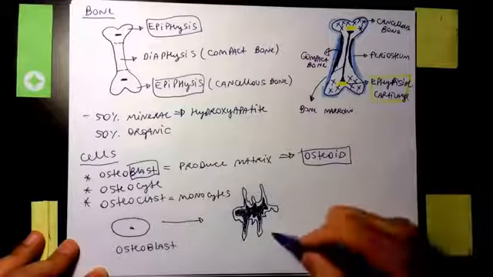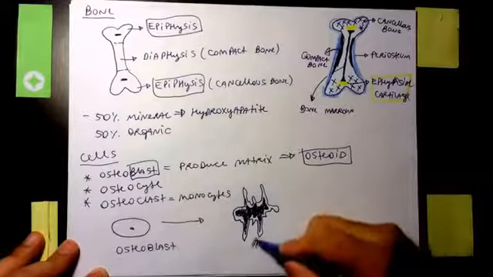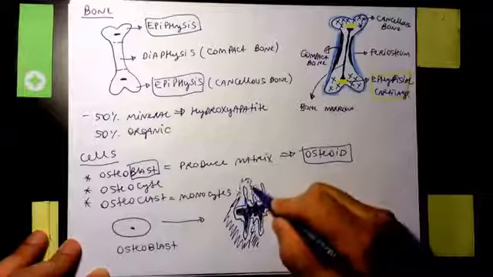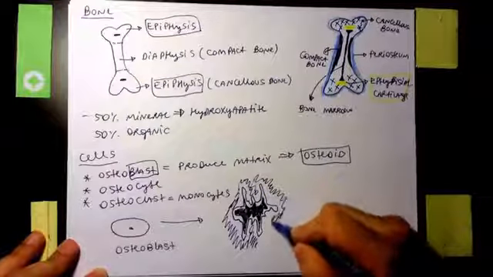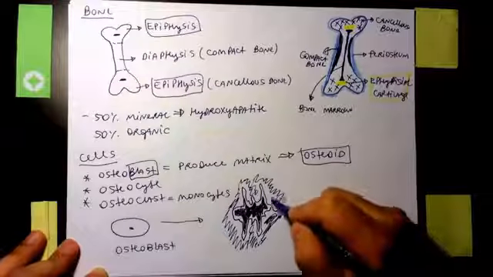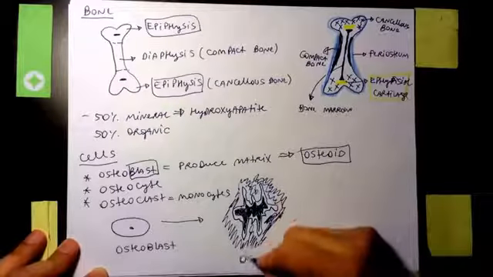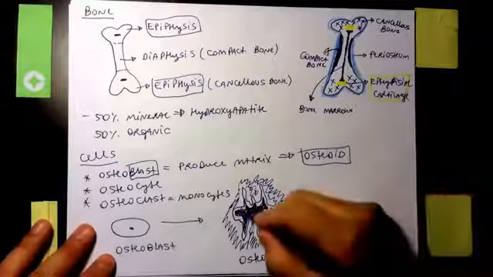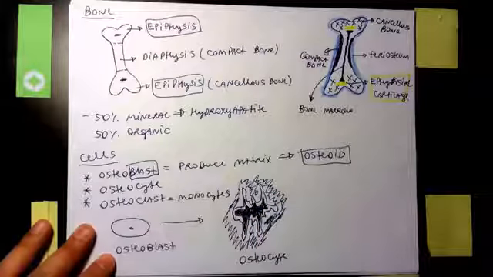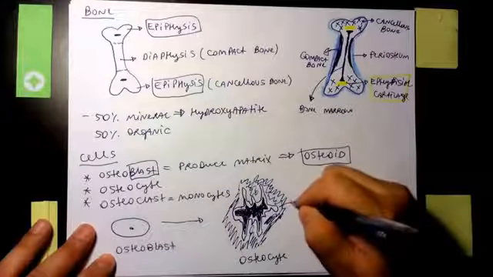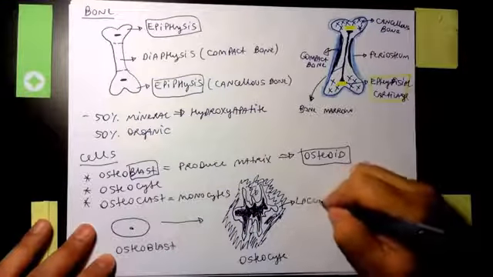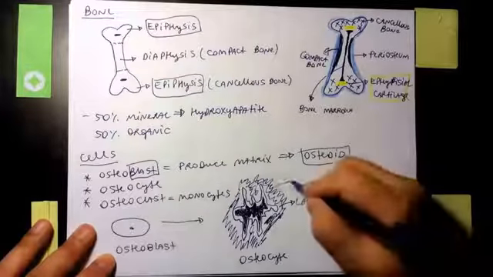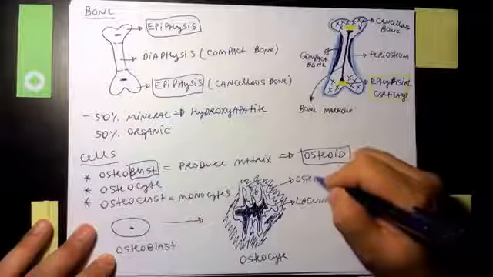Okay, so this is your osteocyte. Okay, so the osteocyte is included inside of a lacuna. Okay, lacuna, and all these are around this osteoid.